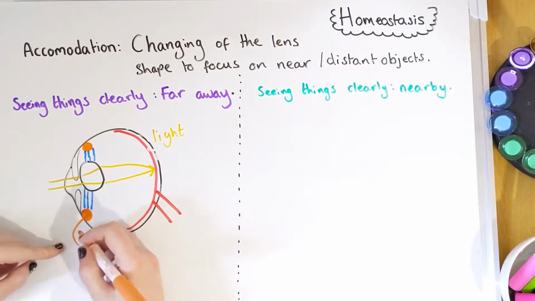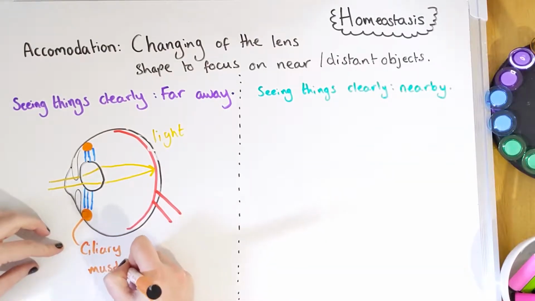In this situation, when you want to look at something clearly far away, your ciliary muscles will be relaxed, so that will stop them pulling on the lens and let it sort of go back to its natural blobby form.